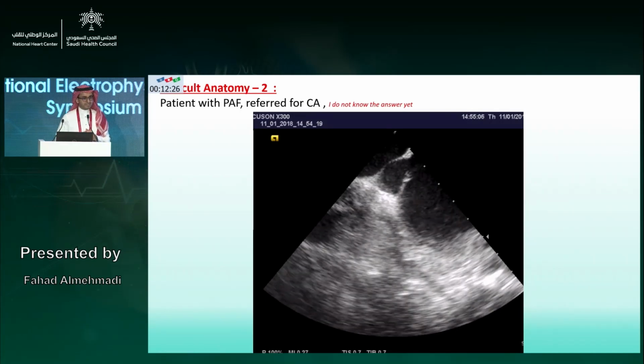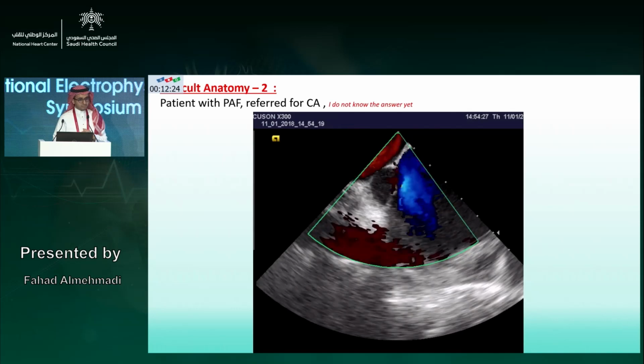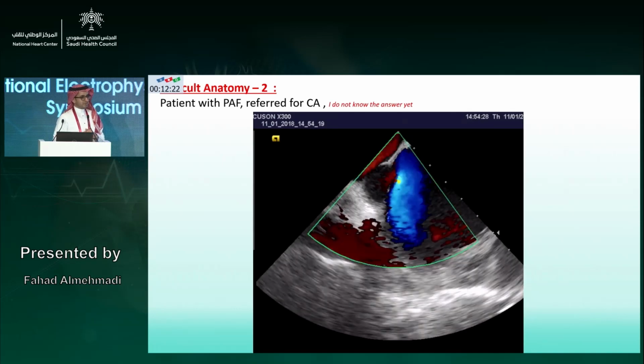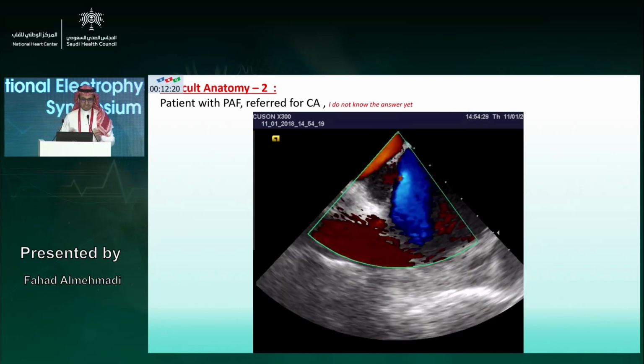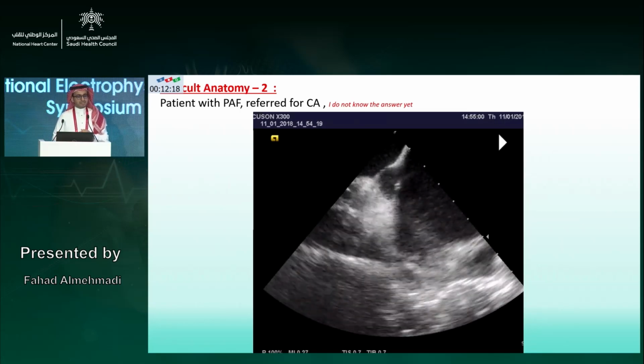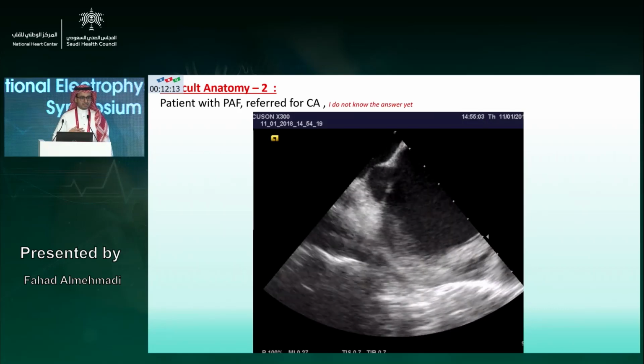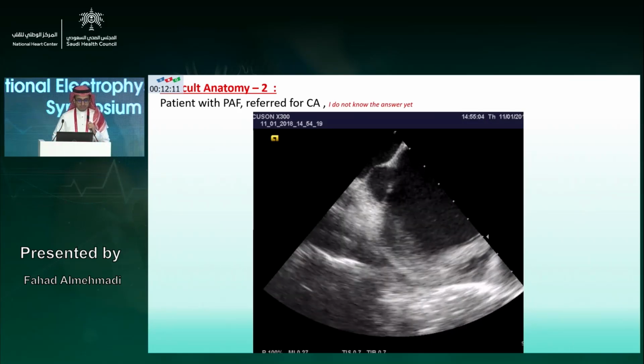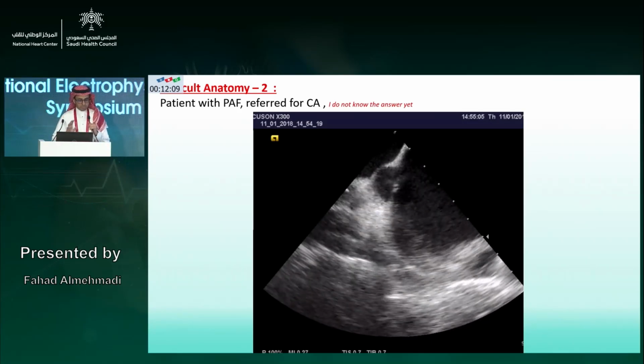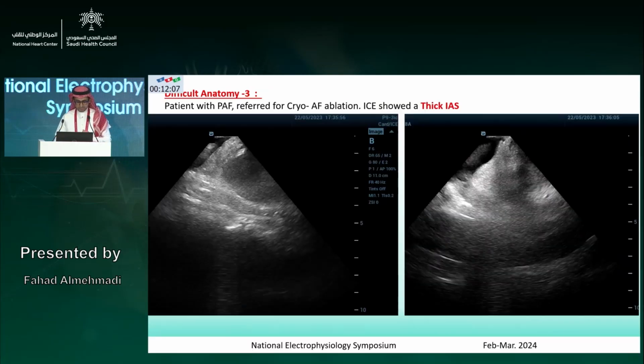So we poked, and guess what happened? We had a pericardial effusion. So we had to abort the case. The patient did very well with conservative management, and then we did further imaging. Honestly, I don't think that we had an idea what was going on with the septum, but the patient came back for a redo procedure, and things went okay.